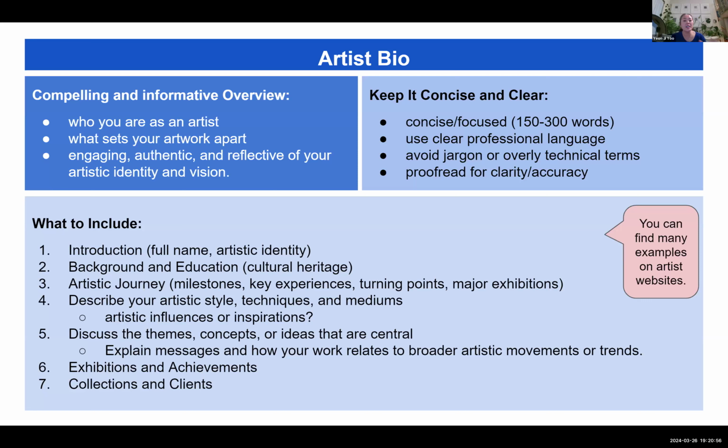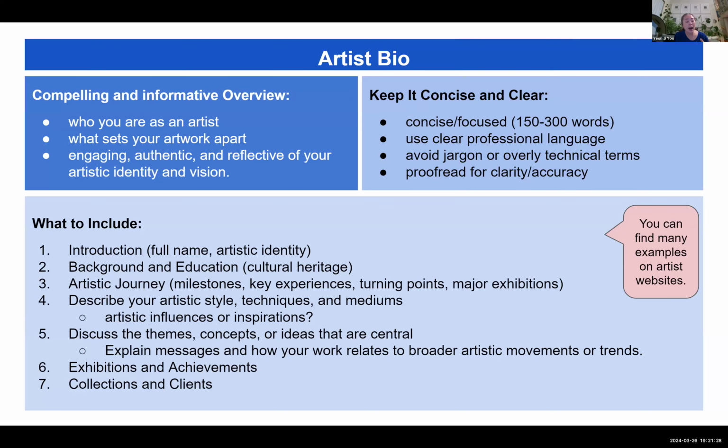It's a lot more formulaic than the artist statement is. So you want to keep it concise. Use clear professional language. You don't need to have a lot of descriptive imagery for this. What to include in your artist bio, usually it's a paragraph or two long. You want to have your full name and your artistic identity, like, I'm a sculptor, or I'm a photographer, or I make installations about such and such.